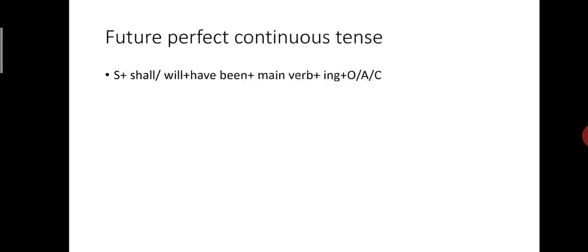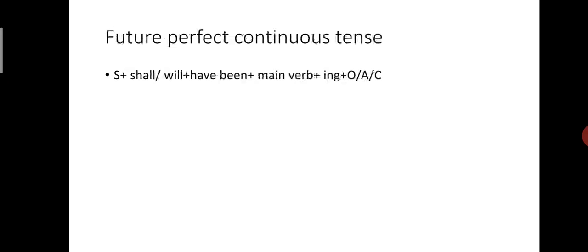Uses, to refer to an action that may start in future and will be happening continuously in future. For example, the soldiers will have been marching victoriously. This is a very rarely used tense. Remember the structure: will have been marching.